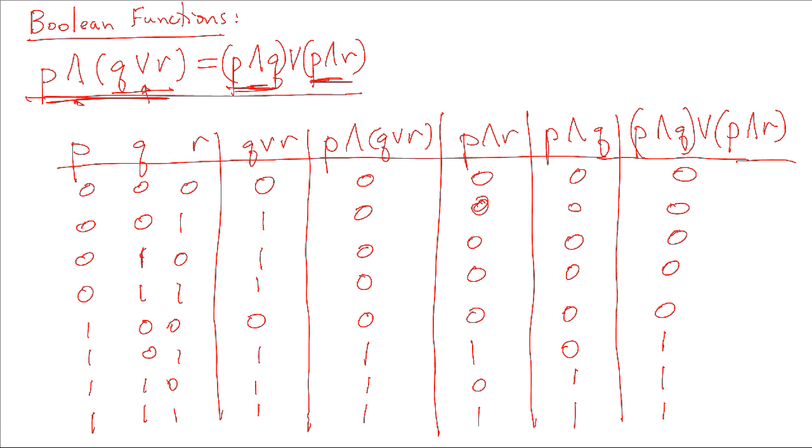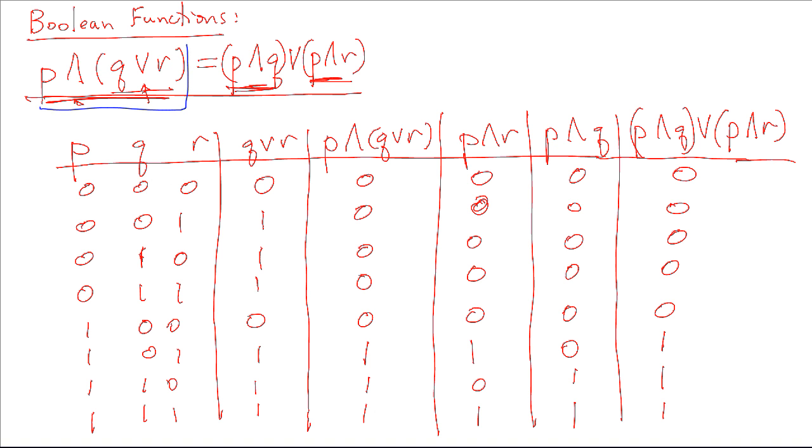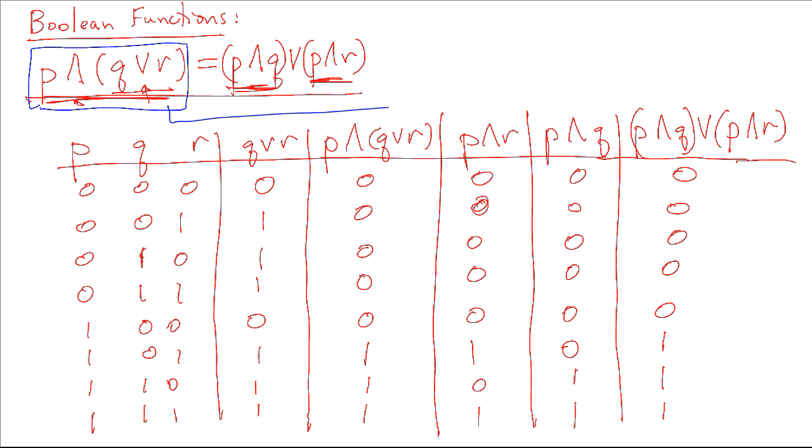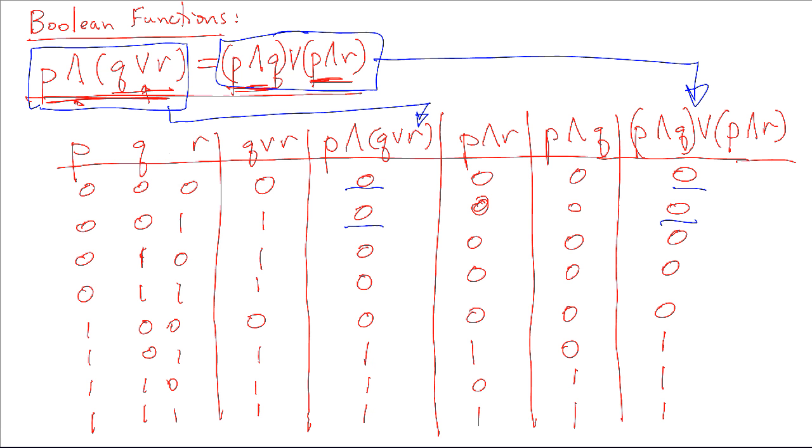And now you can see that we have proven that the left-hand side is equal to the right-hand side because here is the left-hand side. The left-hand side is right here, and the right-hand side is right here. And you can see that these are equal all the way down.